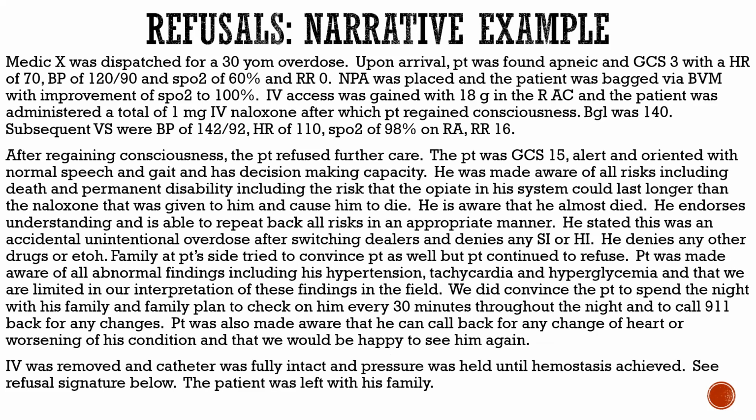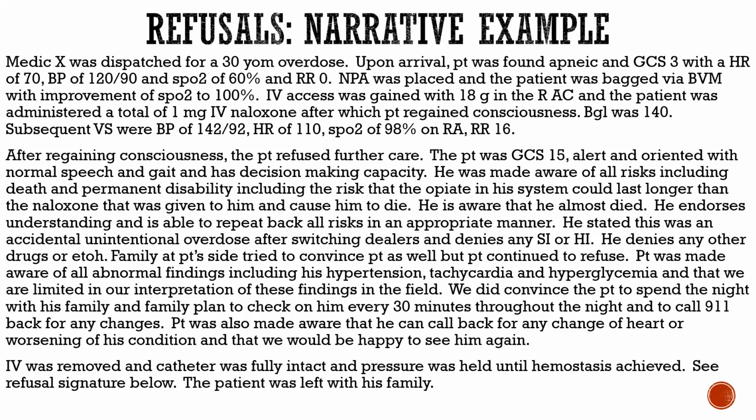So let's just go through, as a summary, a nicely written example narrative from a refusal. Medic X was dispatched for a 30-year-old male overdose. Upon arrival, patient was found apneic and GCS 3 with heart rate of 70, BP 120/90, SpO2 60%, respiratory rate 0.